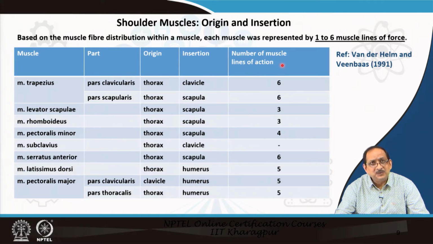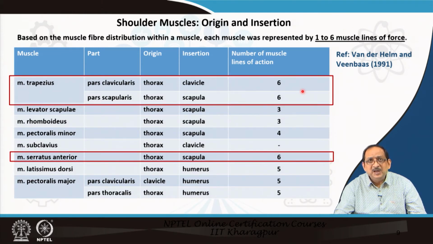muscle lines of force. Now, this number is based on the muscle fiber distribution within a muscle. So, each muscle was represented by 1 to 6 muscle lines of force, where each element can be considered as a single independent muscle line of force.